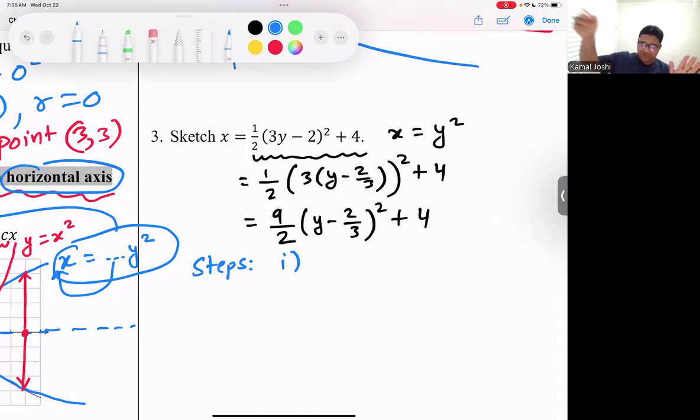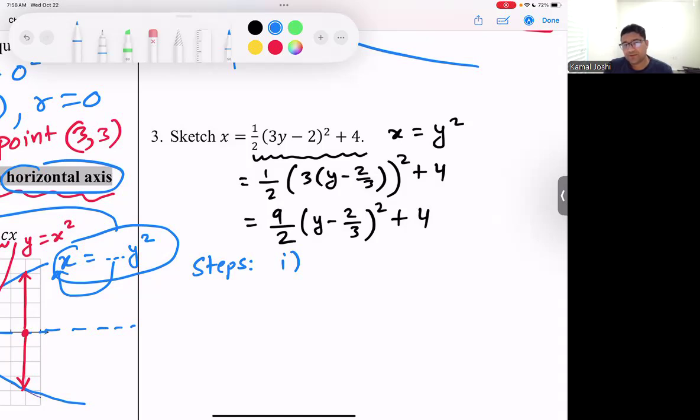Wherever your original graph was x equals y squared, now you are doing y minus 2 over 3 squared. Now your y values are going down.